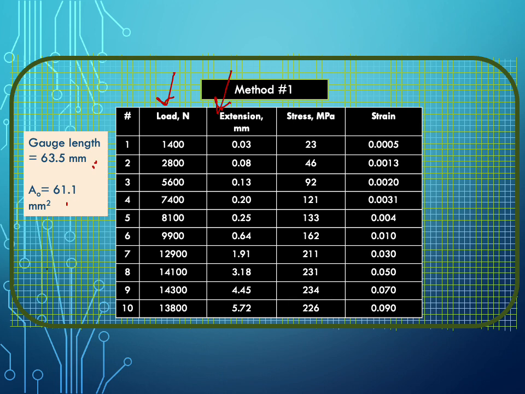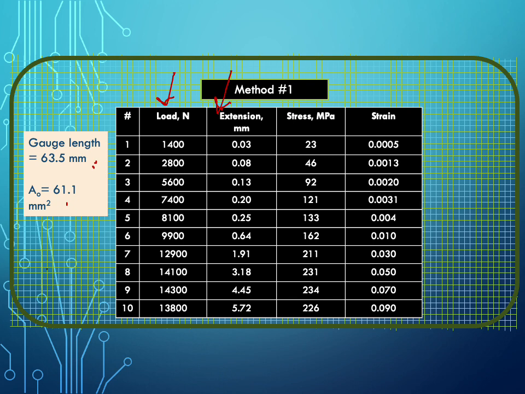So if I took the load of 1400 newtons and divided it by 61.1 millimeters squared and converted that to newtons per meter squared, which is a Pascal, I would get 23 times 10 to the 6 Pascal, or 23 megapascal.